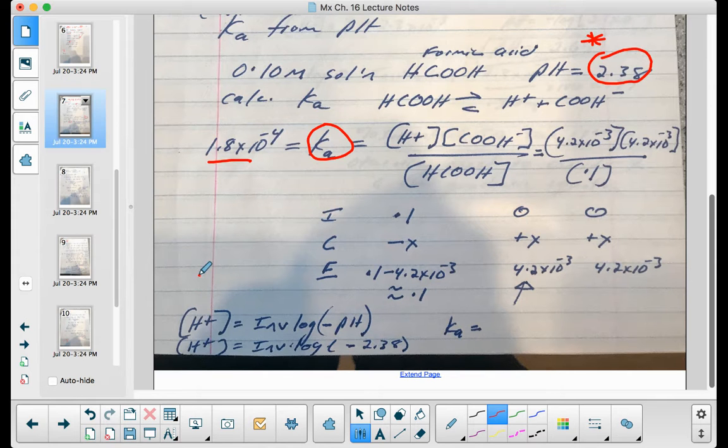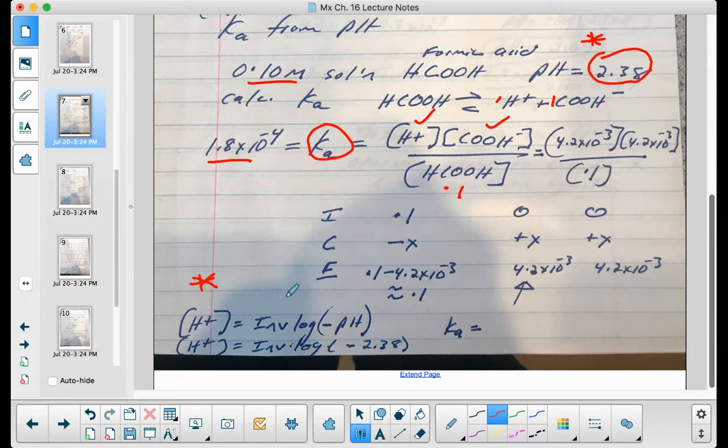I take my pH and plug it into this formula to solve for my hydrogen ion, because in my expression I know this value is 0.1. That's the given molarity of my weak acid. But I somehow need to figure out what this value is and what this value is. I can do that from the pH. I know because of the 1-to-1 ratio here that they're going to be the same value.